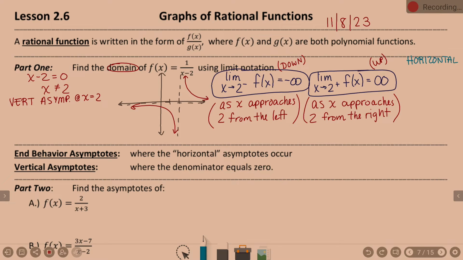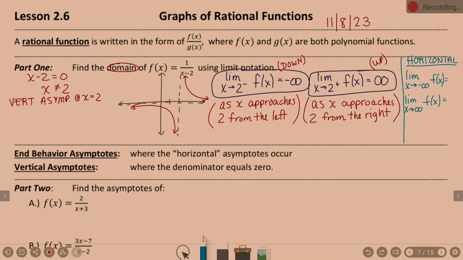So when we start talking about horizontal asymptotes, or you hear me use the phrase end behavior today, what we're looking at there is what is the graph doing as it goes off to the left and it goes off to the right. So when we write these, we're going to be asking ourselves the limit as x approaches negative infinity and the limit as x approaches positive infinity.